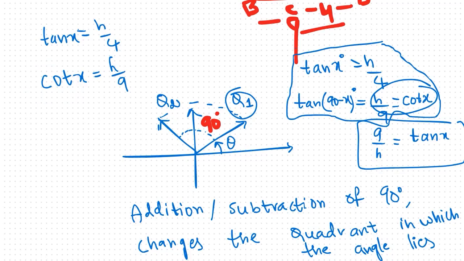The one relation between tan and cot is that they are reciprocals. So 1 by tan x was h by 9.